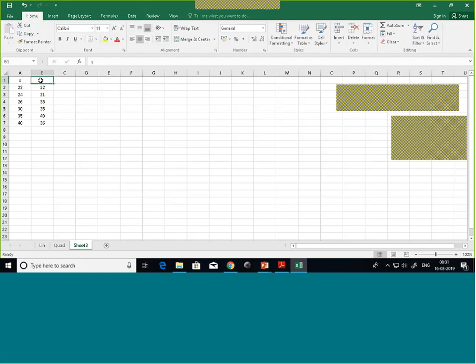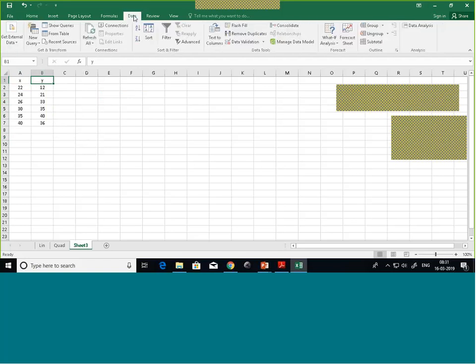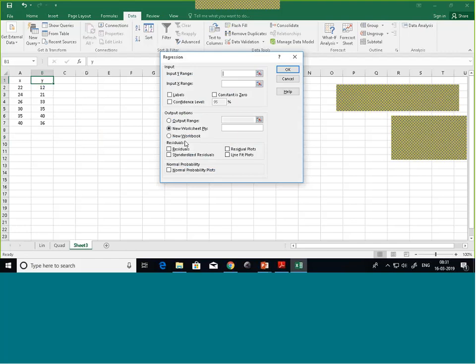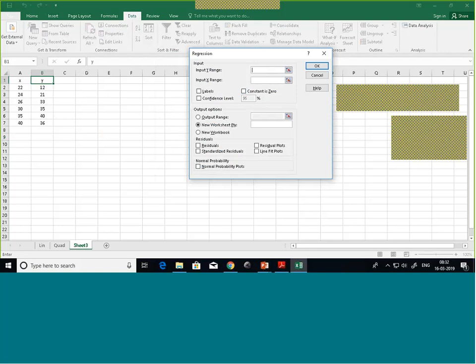Now I want to fit a linear regression model. So I'm going to Data, selecting Data Analysis, then going to Regression. In the regression format, the first one is asking for the Y range. So select the Y column completely.